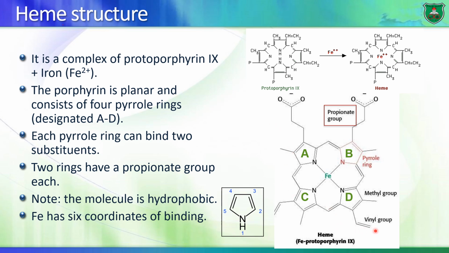You can have a vinyl group, a methyl group, and they can alternate. So you can have methyl, vinyl, and so on. And heme also has 2 propionate groups as well. Now, the molecule is quite hydrophobic, and iron has 6 coordinates of binding as discussed earlier.